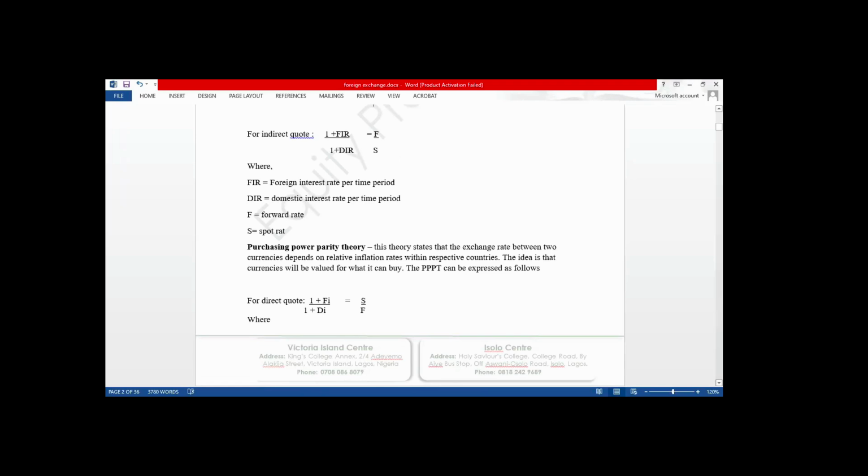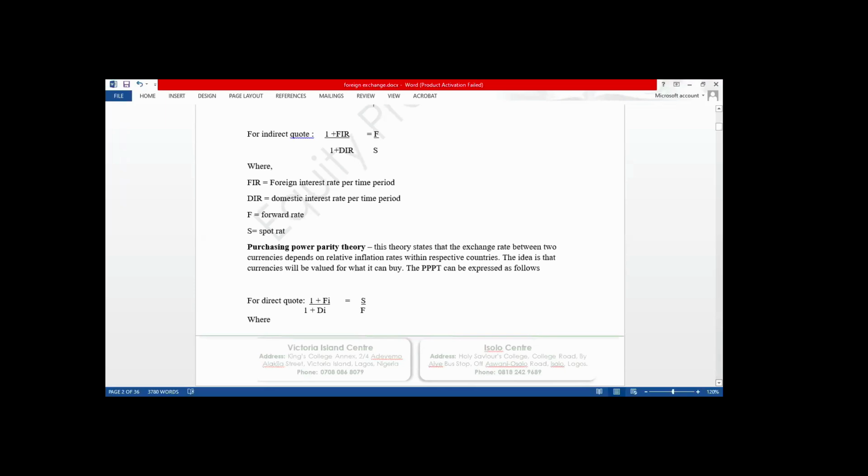Number 2 theory: purchasing power parity theory. This theory states that exchange rates between two currencies depend on the relative inflation rates within the respective countries.